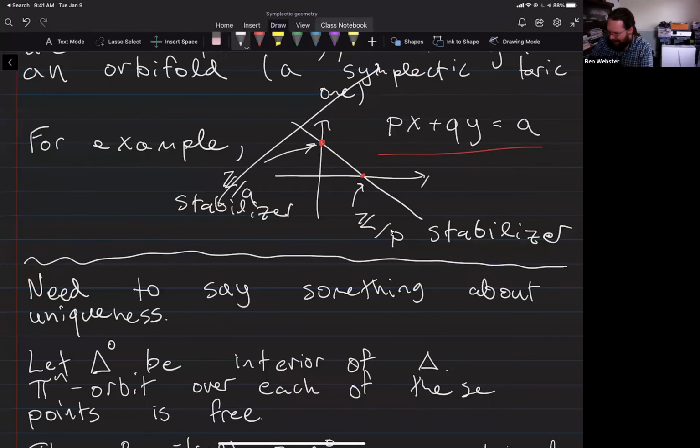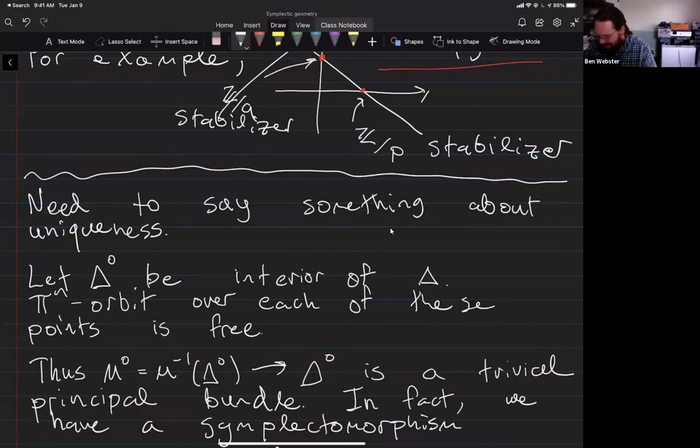And as with all of these, I'm not going to try to give you an extremely detailed proof, but there's a nice cartoon of a proof, which I think gives you at least a little bit of insight. If I look at the interior of delta, then the T^n orbit over all of these points is free.